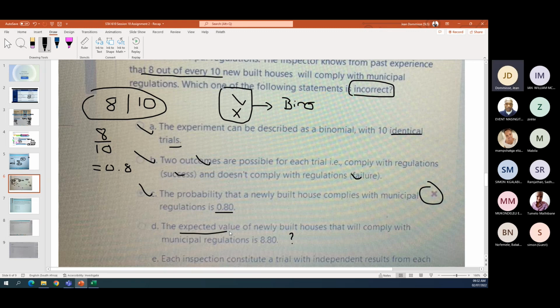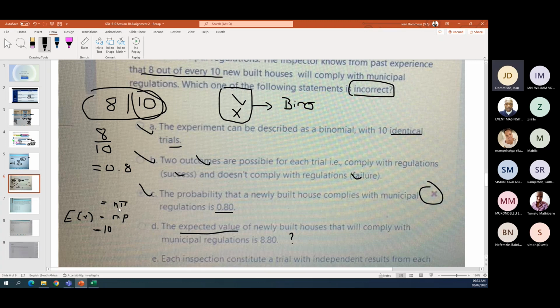Binomial, expected value of binomial is, what is it, n times p, or n times, depending on what they give us. So we know what n is, it's 10.